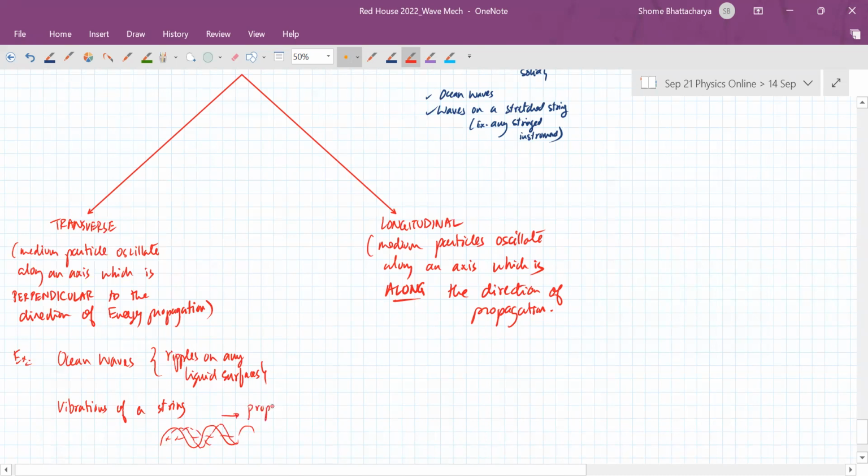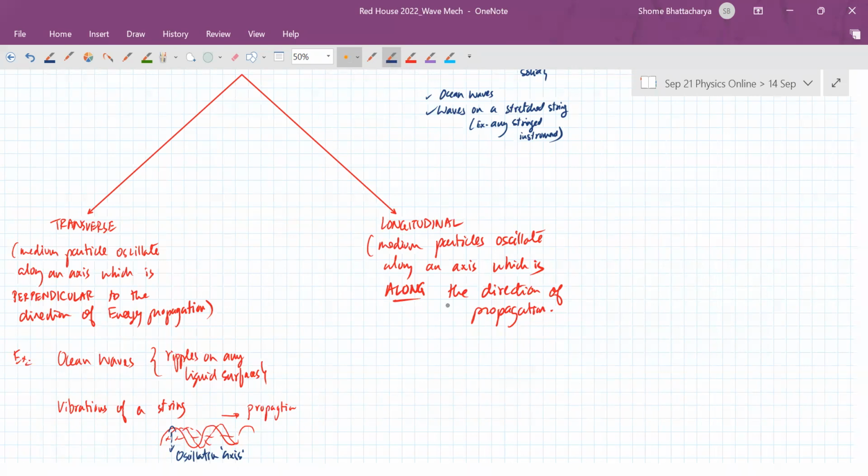But if you put an ink mark on any point on the string, you will see that the ink mark is only going up and down. So this is the oscillation axis. Any particle on the string only oscillates up and down like this, whereas the whole wave, or the energy with it, is propagating perpendicular to that.